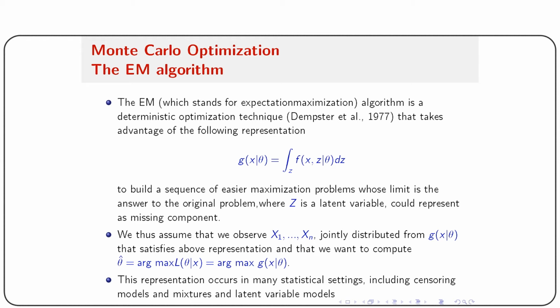We thus assume that we observe x1 to xn jointly distributed from g(x given theta) that satisfies the above representation, and that we want to compute theta hat equals argmax L(theta given x) equals argmax g(x given theta). This representation occurs in many statistical settings, including censoring models, mixture and latent variable models.